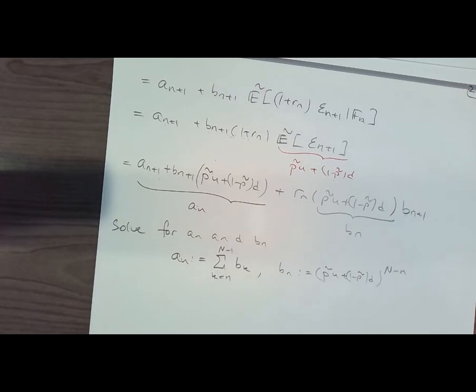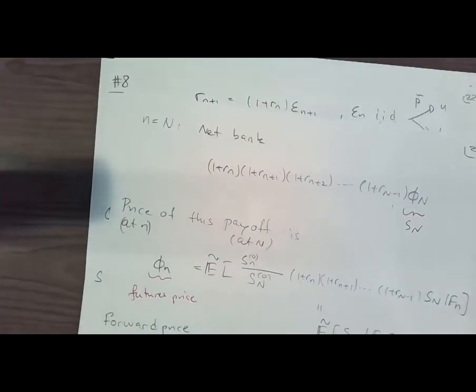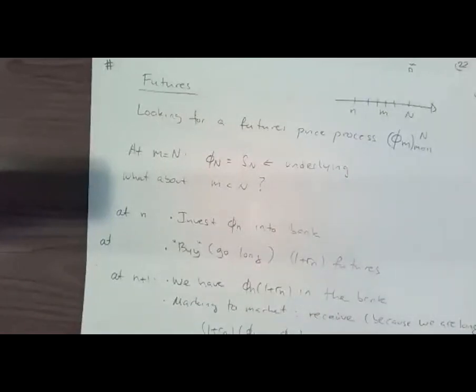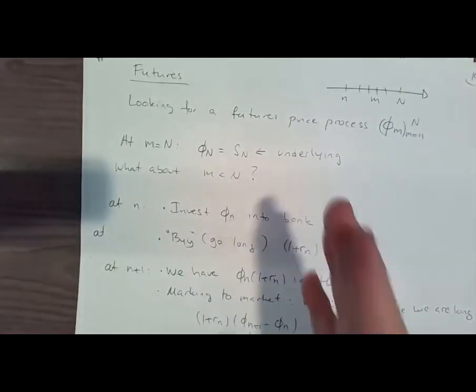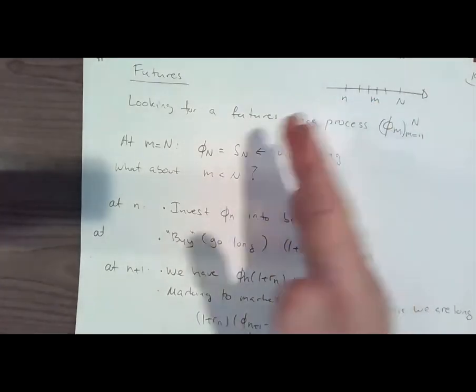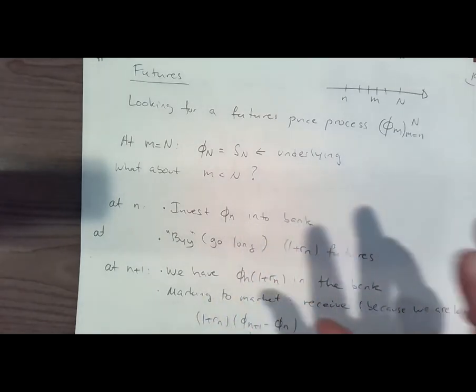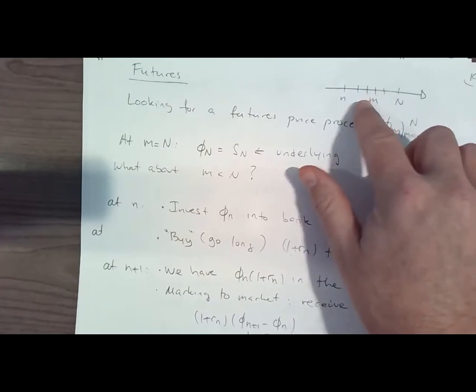I should maybe go over it one more time. The first thing we did was to derive an abstract formula for the futures price process. The difference between a futures and a forward contract is that for the futures, you have these running payments, while at the forward, you just get a payment at the end. So for the futures, you get a payment at every single time point.